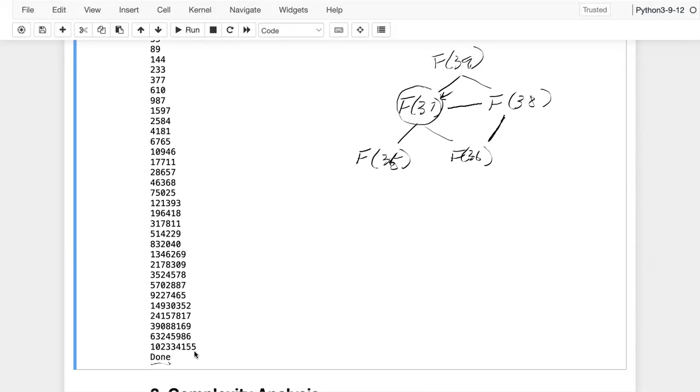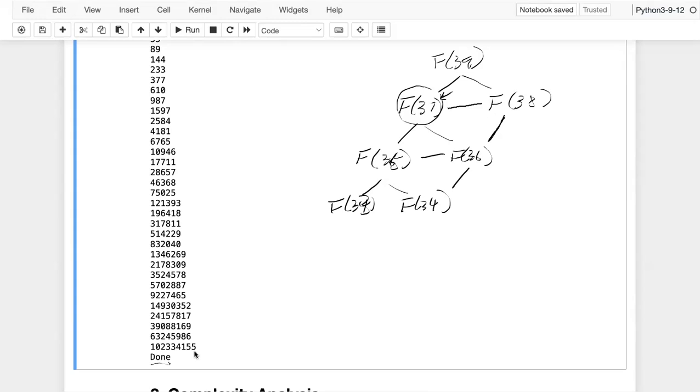Okay, and then 35 will be 34, 33 first, and then 34. And 36 will rely on 35 again, and then it will rely on 34, right?